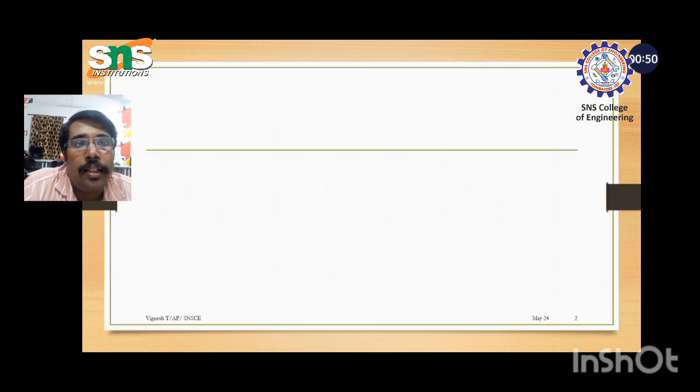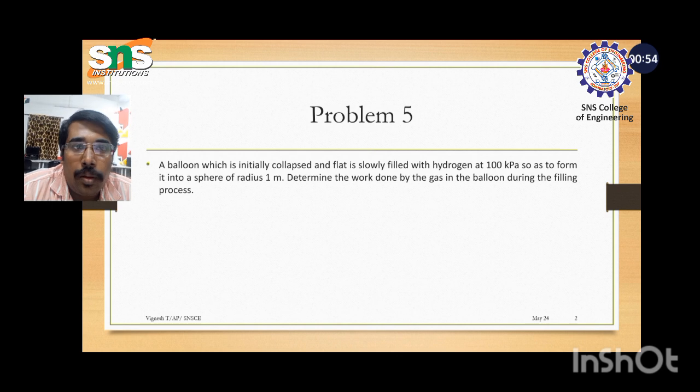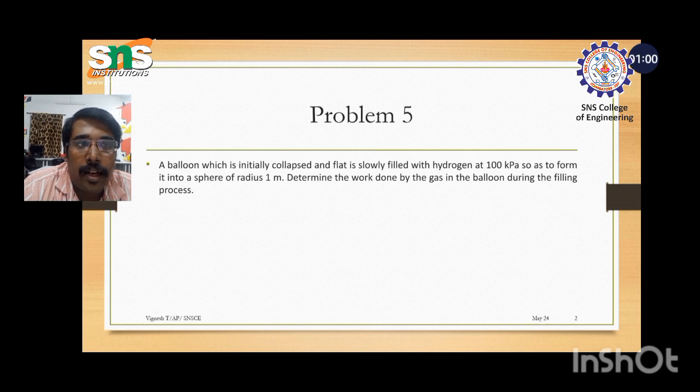Here problem number 5 talks about a balloon which is initially collapsed and flat, and is slowly filled with hydrogen gas at 100 kilopascal so as to form a sphere of radius 1 meter. Determine the work done by the gas in the balloon during the filling process.